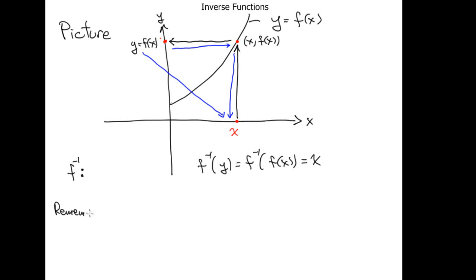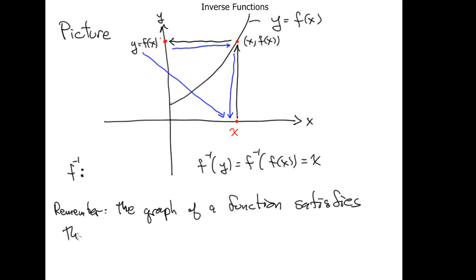So we've graphed this function, and remember, when you have a function, the graph of the function has a special property. The graph of any function satisfies the vertical line test.